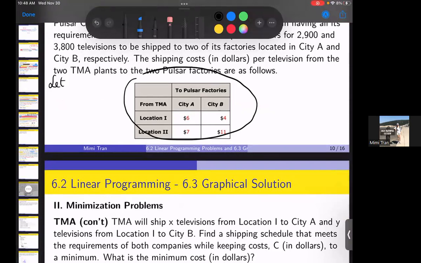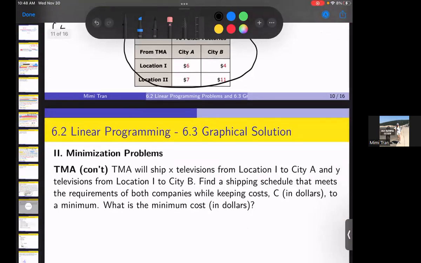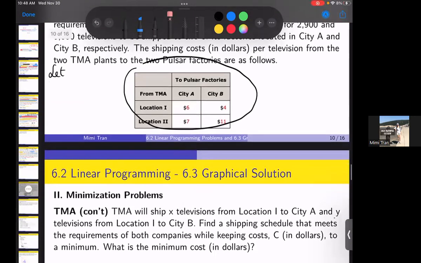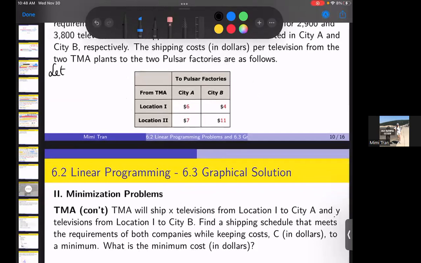TMA will ship X televisions from location 1 to CDA and Y televisions from location 1 to CDB. So I'm going to say, let X and Y be numbers of TVs. Does anyone want to say television anymore?